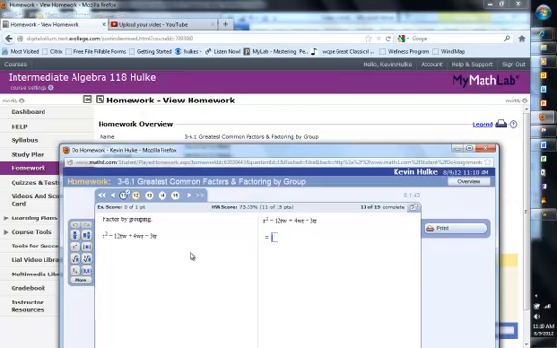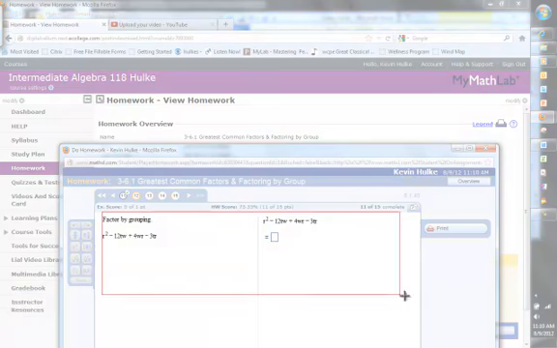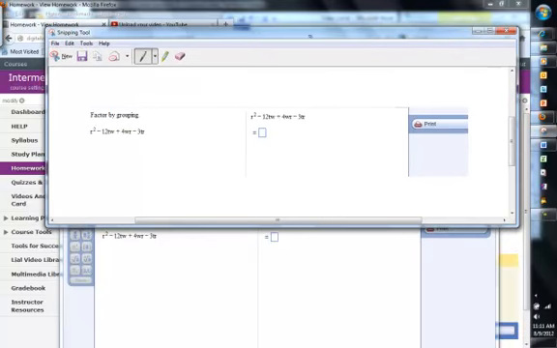Number 12, another factoring by grouping. Okay, so we have r squared minus 12tw plus 4wr minus 3tr.